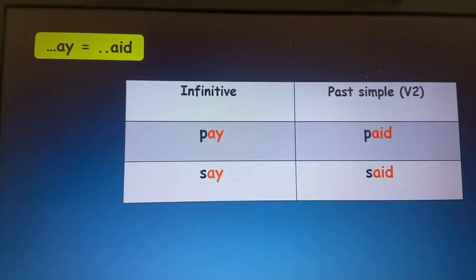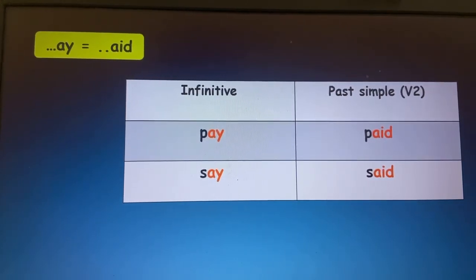A and Y becomes AID. The infinitive form pay becomes paid. Pay, paid. Say, said.